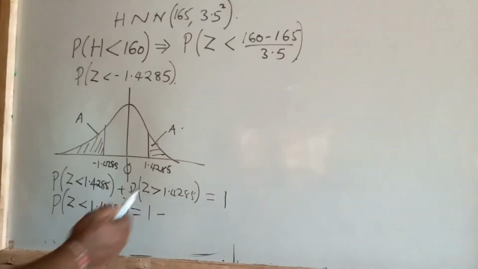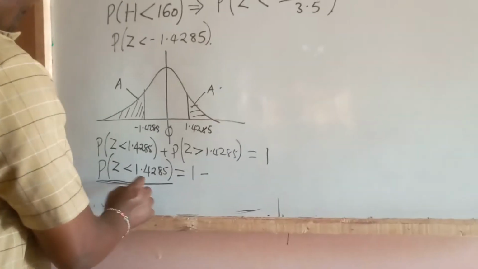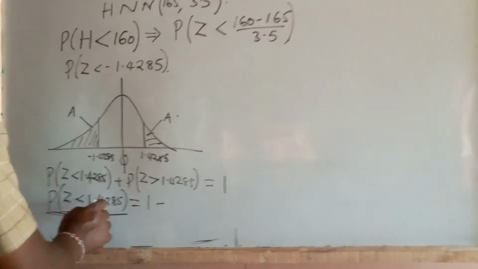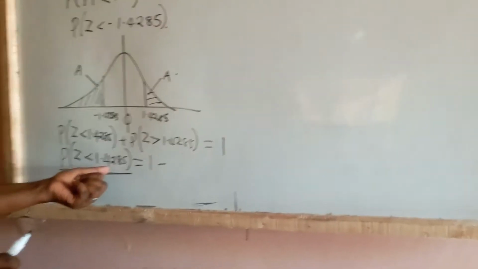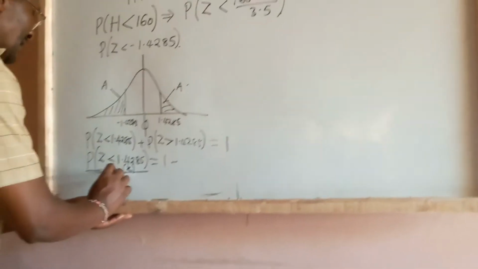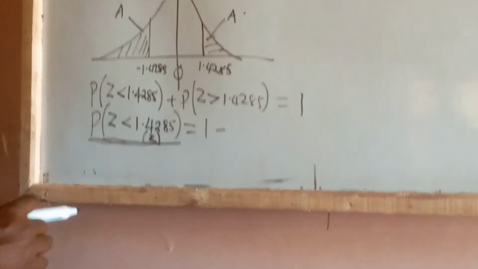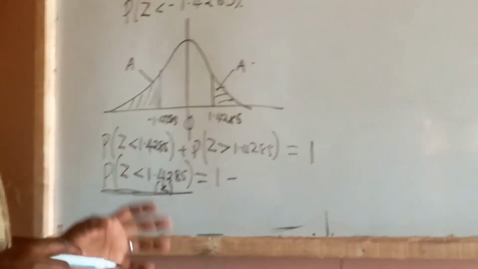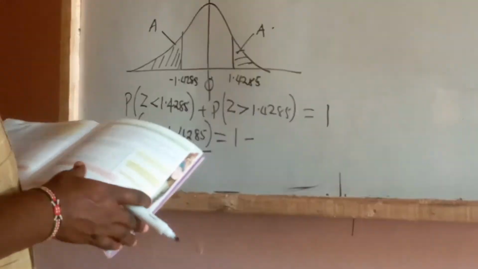But before we go further, let us look at the nature of this presentation. Z less than 1.4285. This is our boundary, we can take this to be our small z, 1.4285. Let us see if we go to the table, can we find our area there? Yes, let's see.